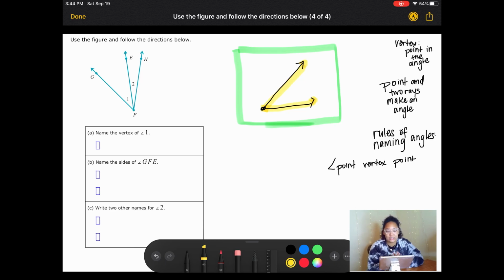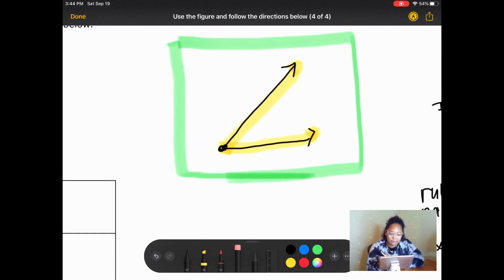All those parts have names, okay? So if I were to look at this, I would say, okay, well, I have this angle, and I have this part and this part. So I have this dude and this dude.